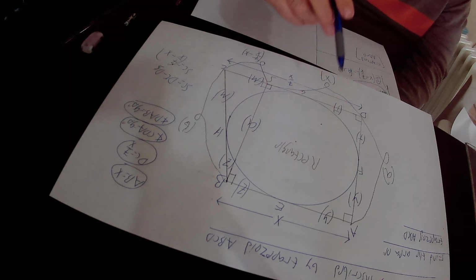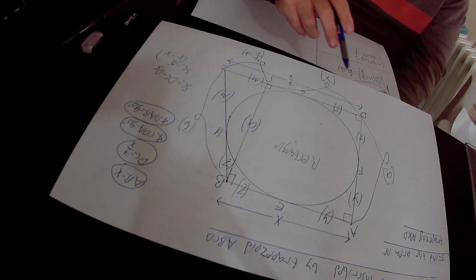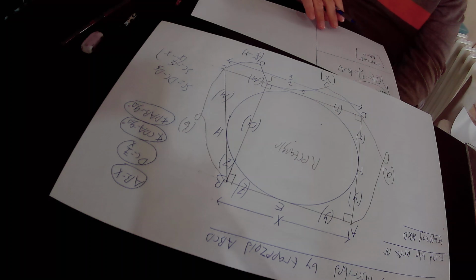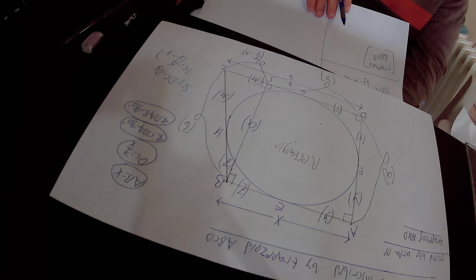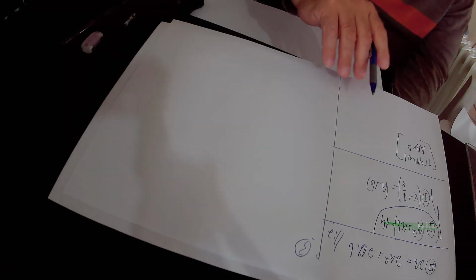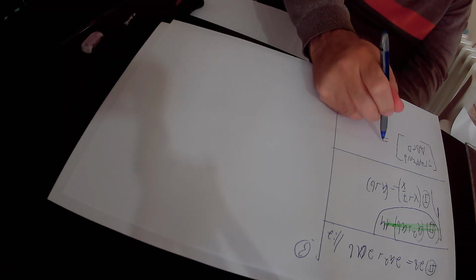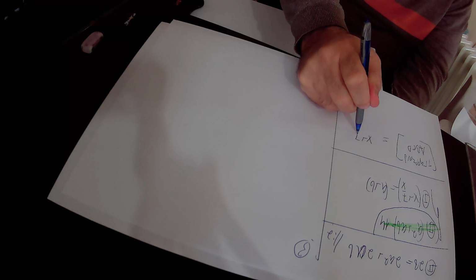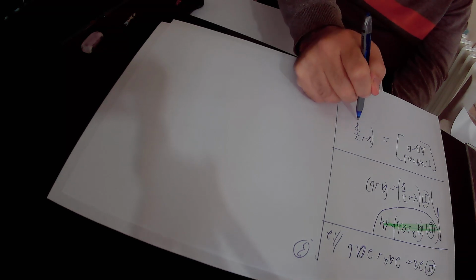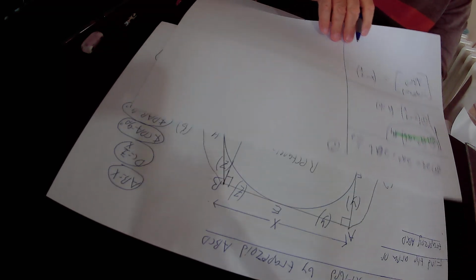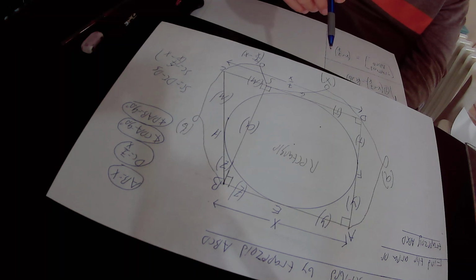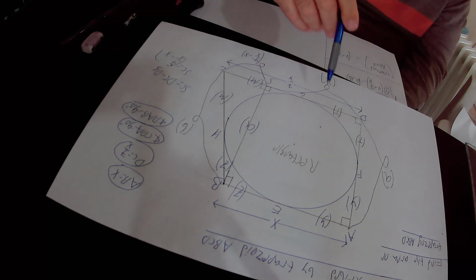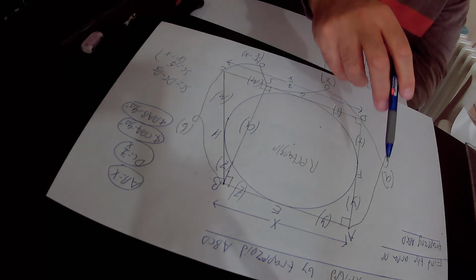AB equals to x, DC equals to 7 over x. So the sum of the two bases is x plus 7 over x. So the area of trapezoid ABCD equals to the sum of its two bases, that is x plus 7 over x, times the height to the base.